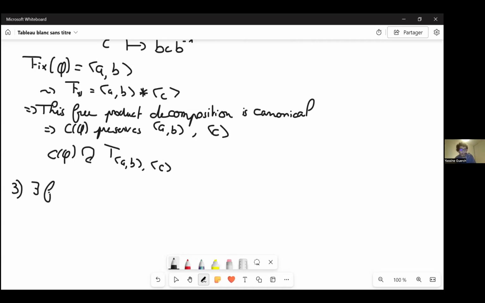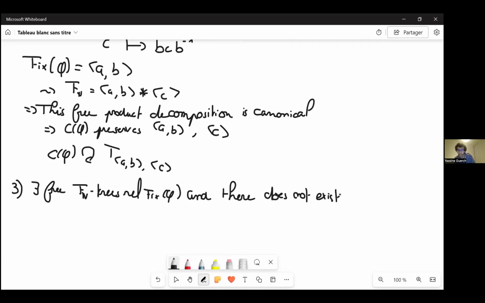There exist free Fn trees relative to Fix(phi), and there does not exist a free product decomposition preserved by the centralizer of phi.